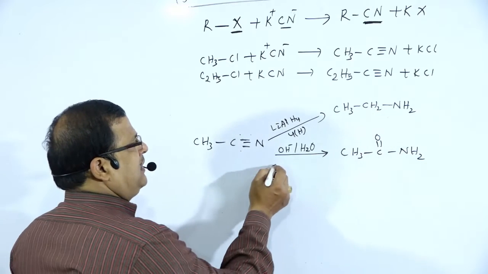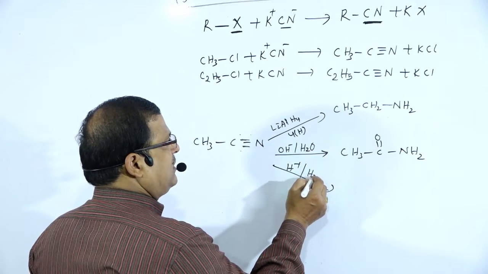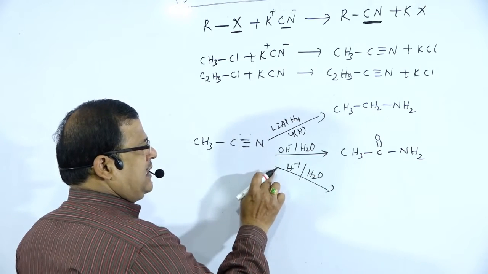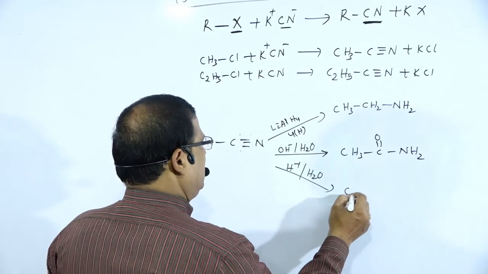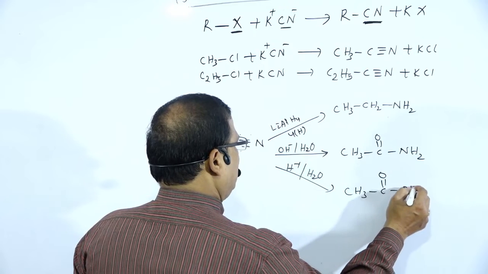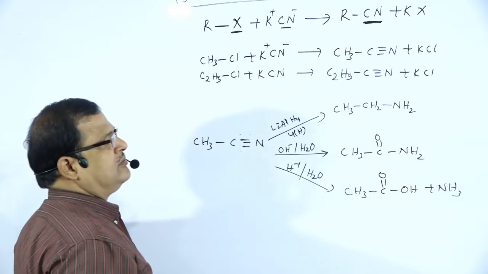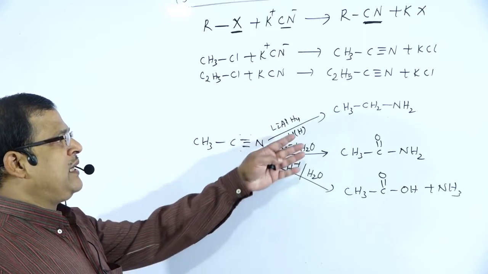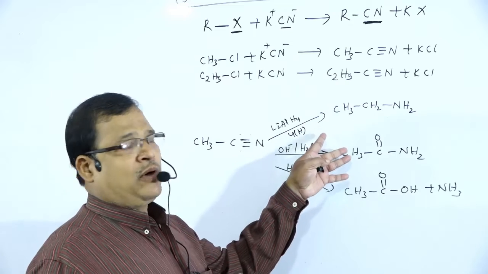Or if we take acid hydrolysis, H plus and water, acid hydrolysis of alkyl cyanide gives the formation of CH3COOH plus NH3. These are very important reactions that will be required during the conversions of organic compounds.